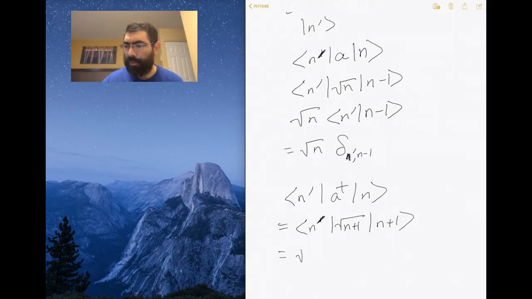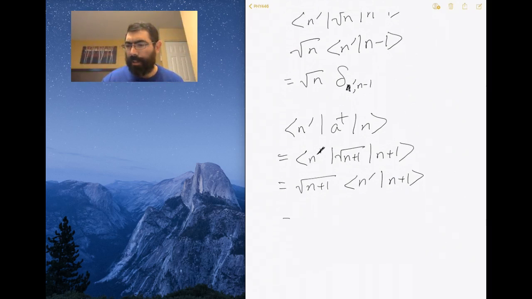I can factor out the square root of n plus 1, and I now have the projection of n plus 1 onto the state n prime, and that's only going to be non-zero if n prime is the same thing as n plus 1.